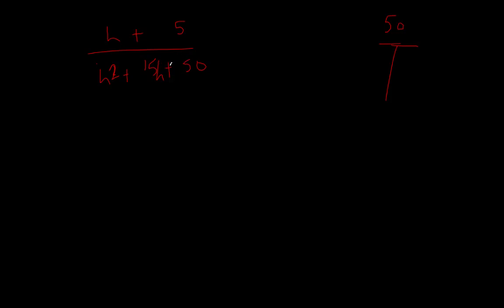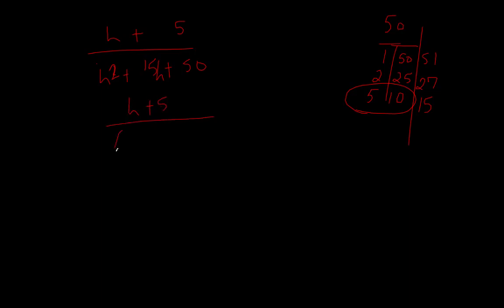This is positive, so the signs will match. This is positive, so they'll both be positive. We want 15, so there we go. And once again, don't forget this is really times a 1.